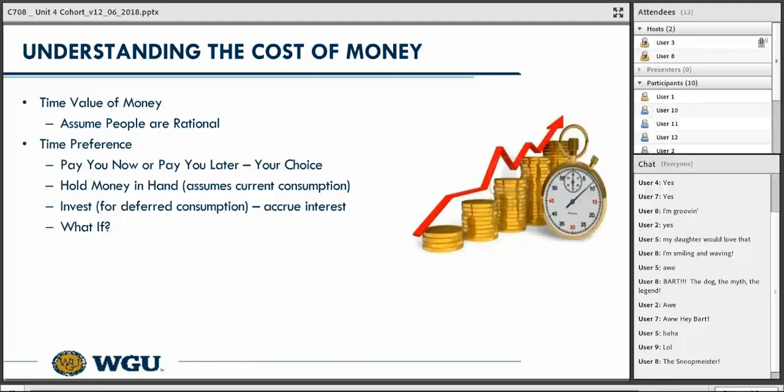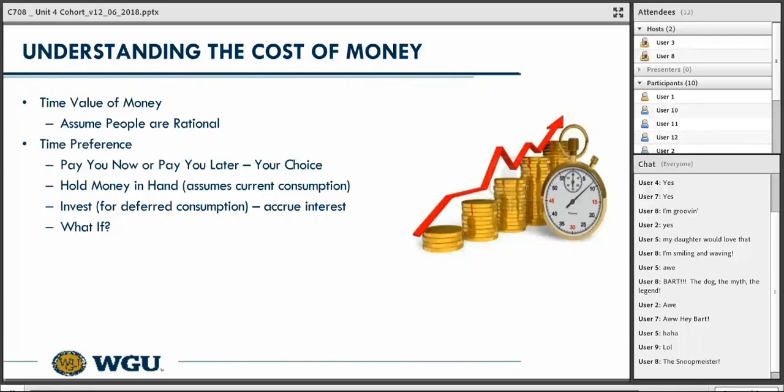You can use it for current consumption. Current consumption is a technical way to say you can buy stuff, you can do stuff, you can go to the Dominican Republic with your friends, or you can get a car, or you can do whatever you want. Or you can invest the money, which you would expect interest for, for consumption later.